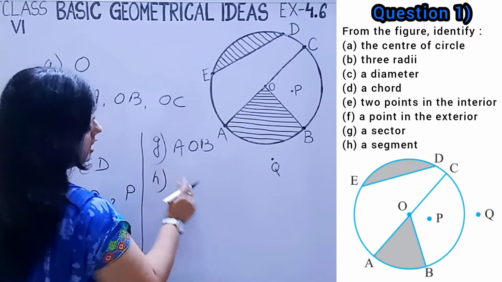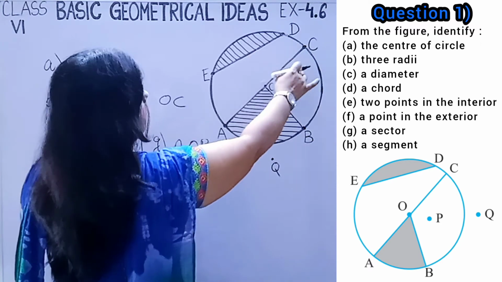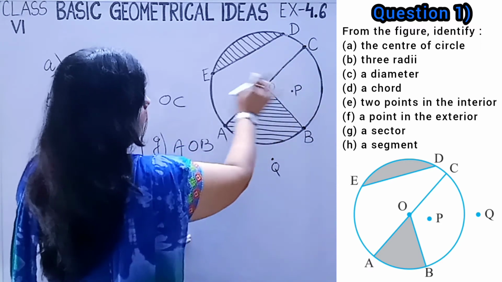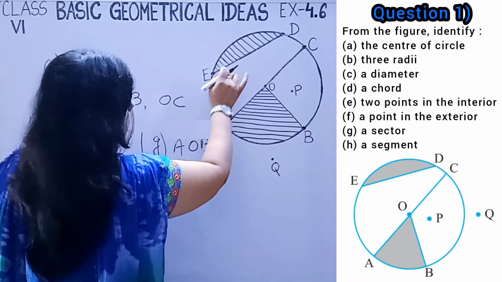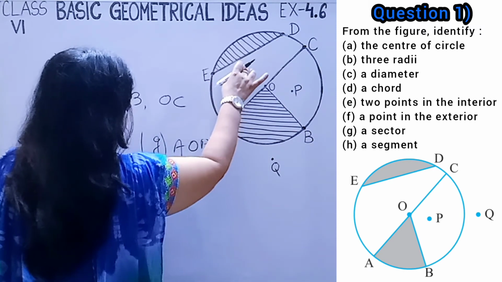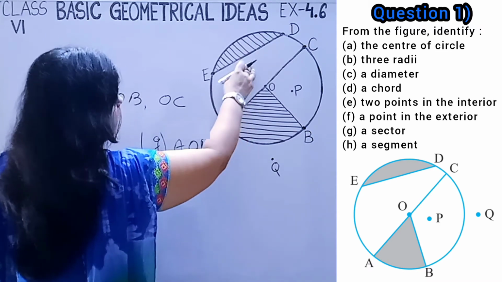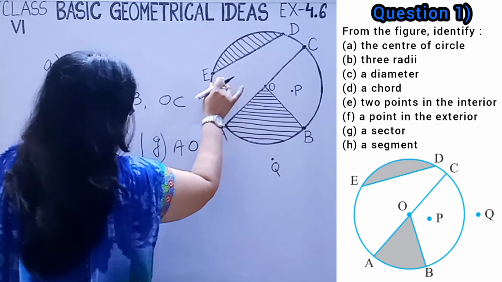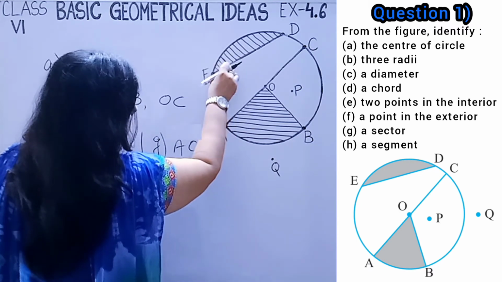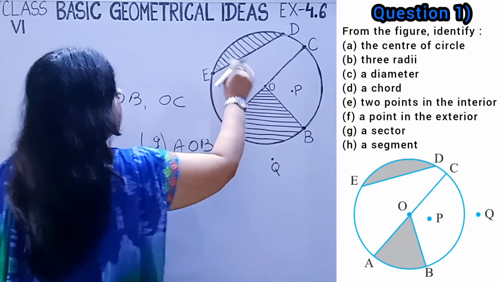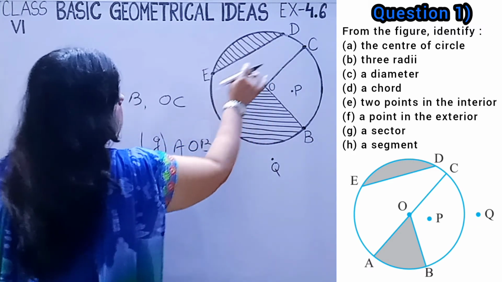H part, a segment. Here we have to see this figure. What is segment? A segment of a circle is a region in the interior. So here also we have to find out a segment inside the figure. So a segment of a circle is a region in the interior of the circle enclosed by an arc, this is arc, and a chord.